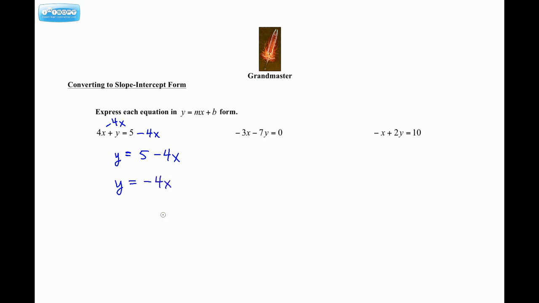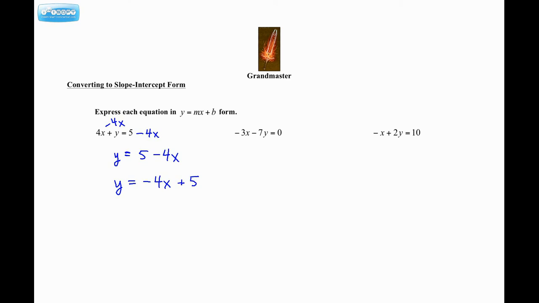This is positive 5, so I have to put plus 5. Now it's in the form that we want, so the slope is negative 4 and the y-intercept is 5.